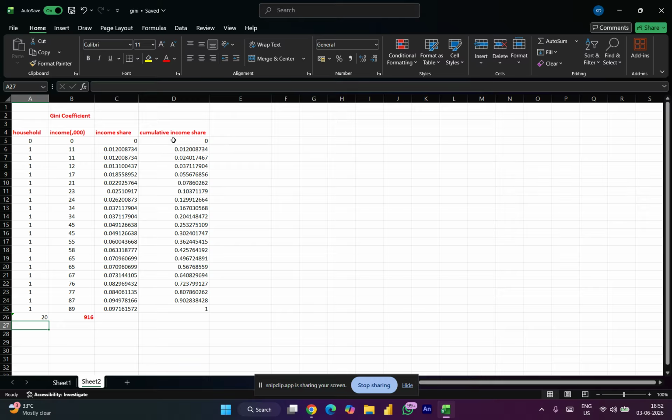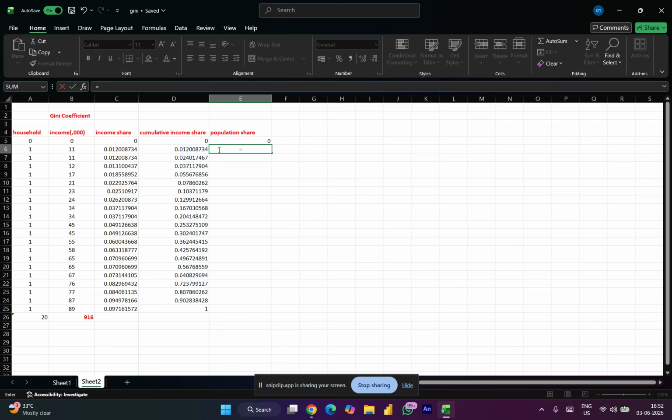So 0, for our mathematical benefit we are putting 0. Here it is the population share, or family share. 0 is 0. But here it is this value divided by the total 20. This value divided by 20.